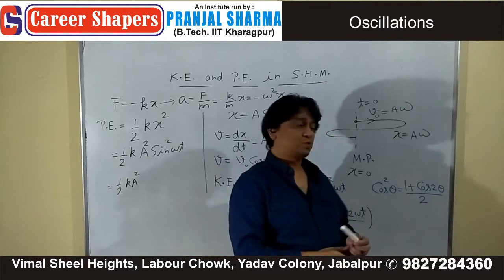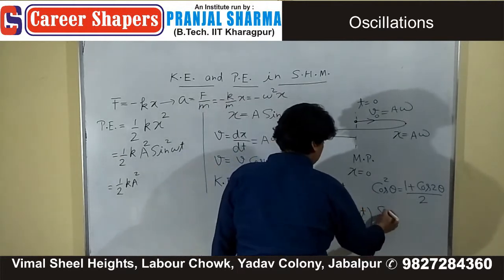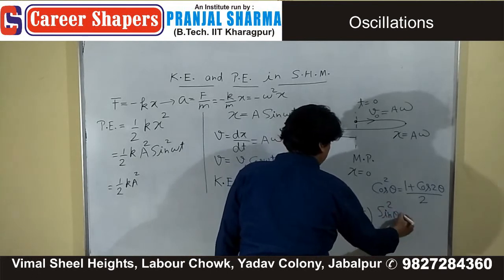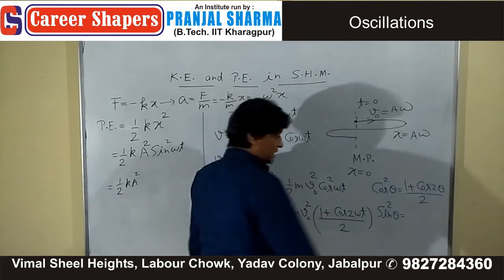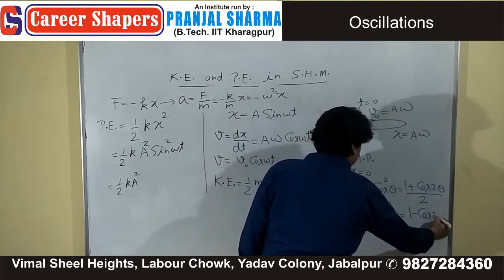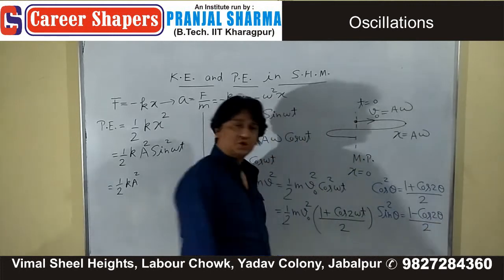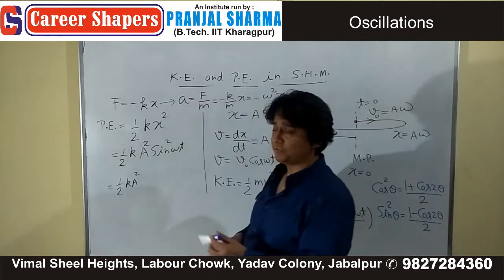What is sine square theta? Just like cos square theta, we have sine square theta. Sine square theta is 1 minus cos 2 theta divided by 2. That's how we write sine square theta in terms of 2 theta.